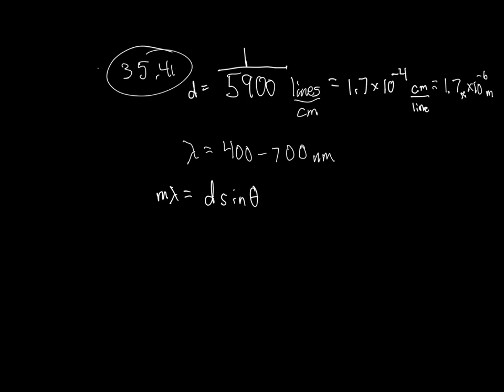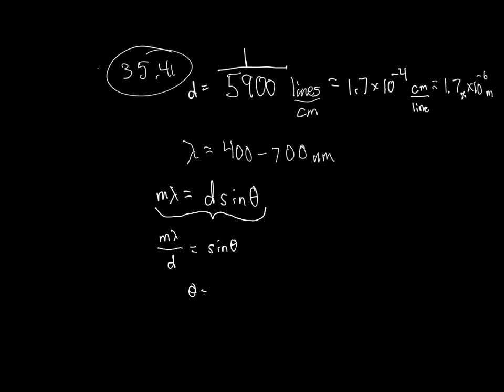We're asked to find the angle that the diffraction happens. What are the ranges of angles? So we want to solve this equation here for the angle theta. So we're going to get theta by itself. Yep. So I could do that by dividing both sides by d. m lambda over d equals sine of theta. How do I then get theta by itself? Take the inverse sine.